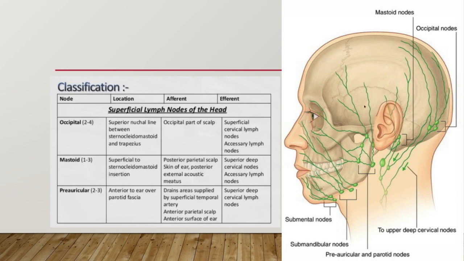This is the anterior part of the parietal scalp, whereas the posterior part of the parietal scalp drains into the mastoid nodes. It also drains a little part of the anterior surface of the ear. So, these three are the superficial lymph nodes we are talking about, all of which drain downwards into the deeper group of lymph nodes. The preauricular lymph nodes also go into the superior deep cervical lymph nodes.